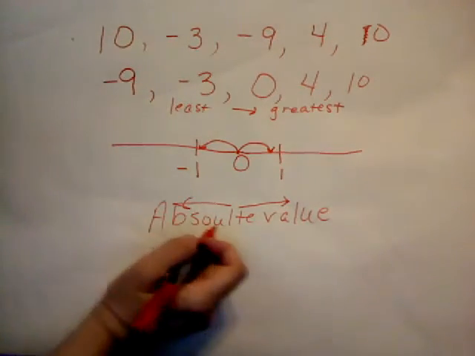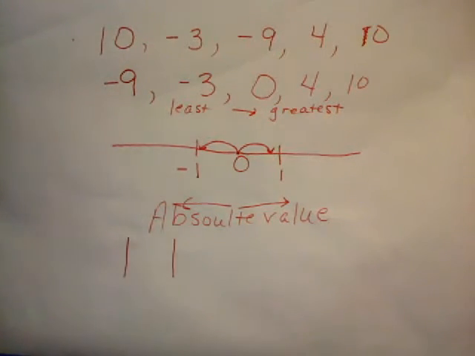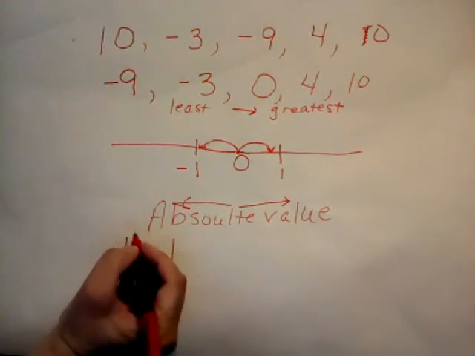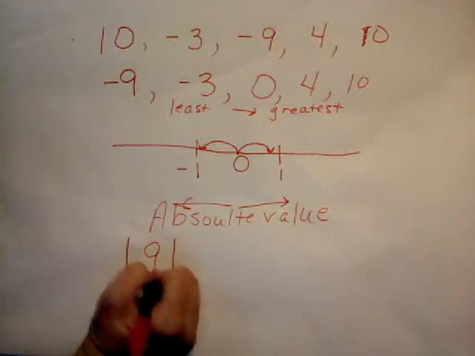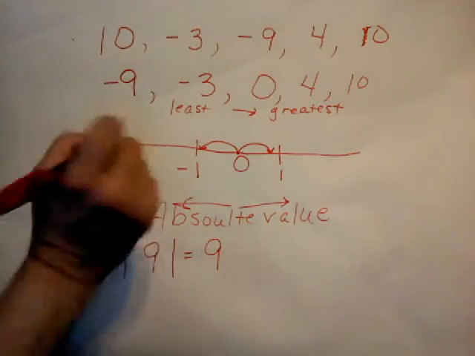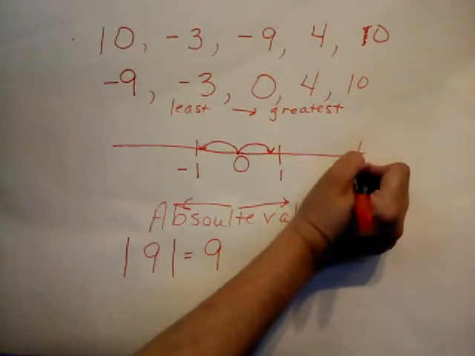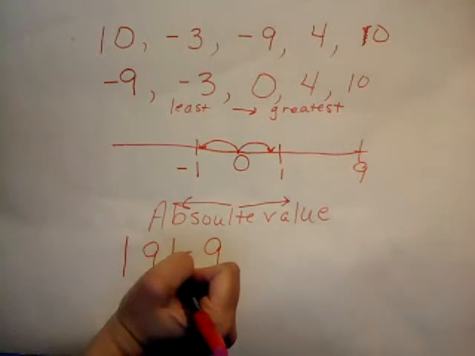The absolute value sign is written like this, and we can put a number in that. If we put a 9 in the absolute value sign, we get a 9. Because how far is it from 0 to 9? 9 spaces.